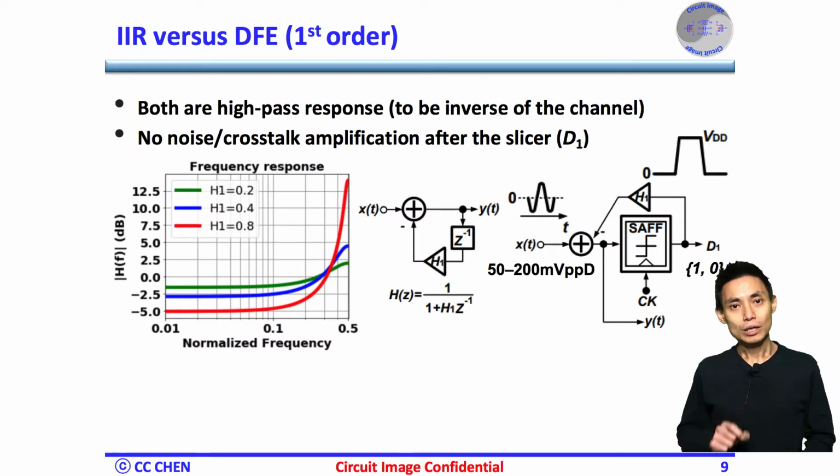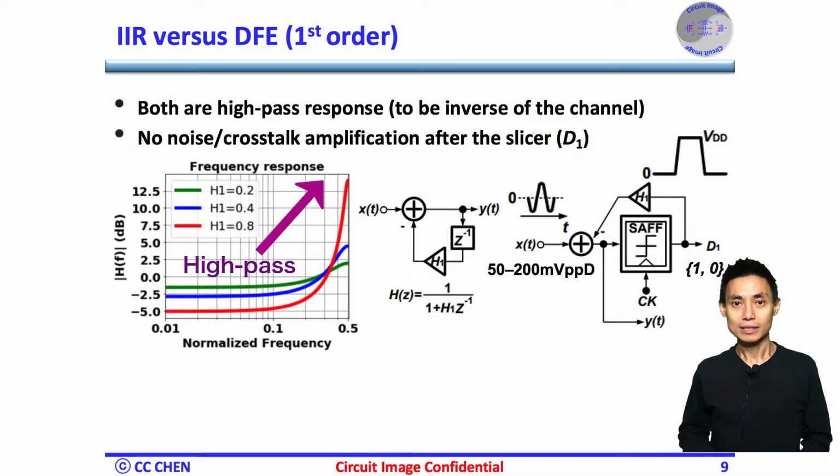As we've known in the why DFE video, the one-tap DFE is like a first-order IIR except for a slicer. So, the DFE's response is a high-pass characteristic to equalize the channel's low-pass response.